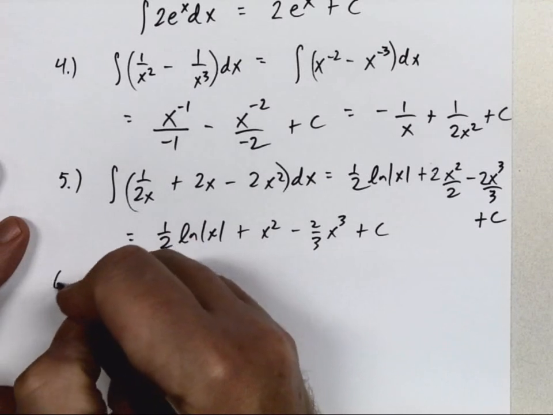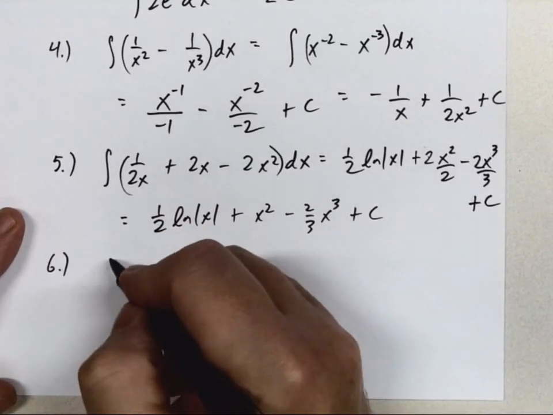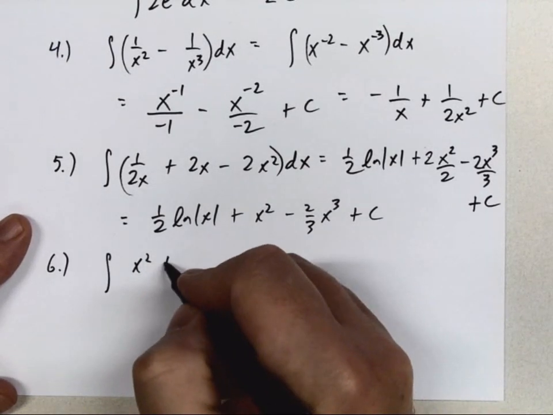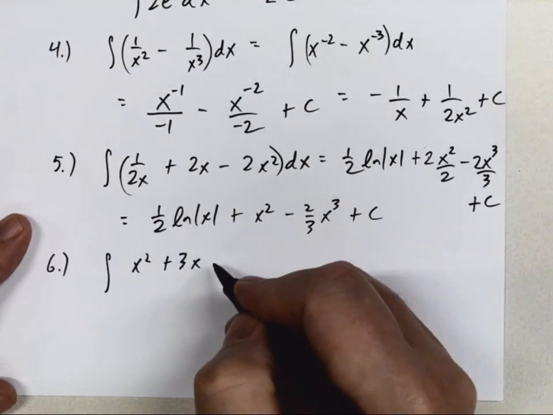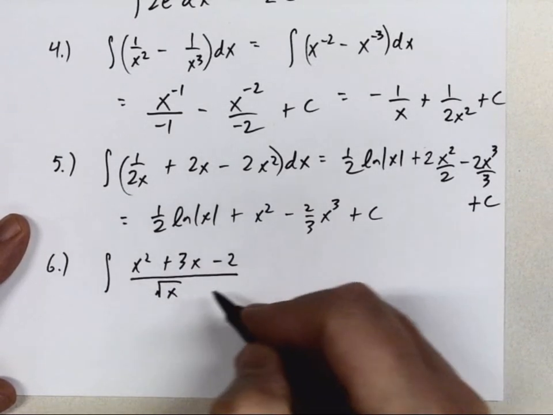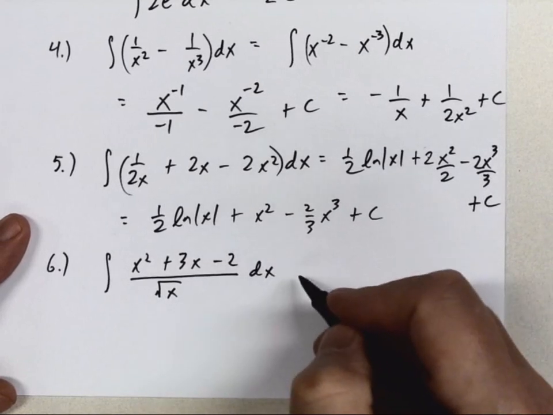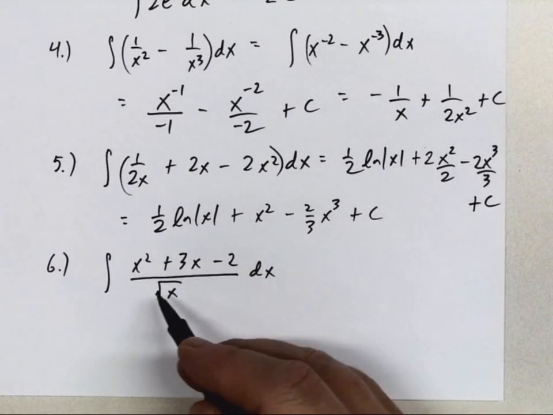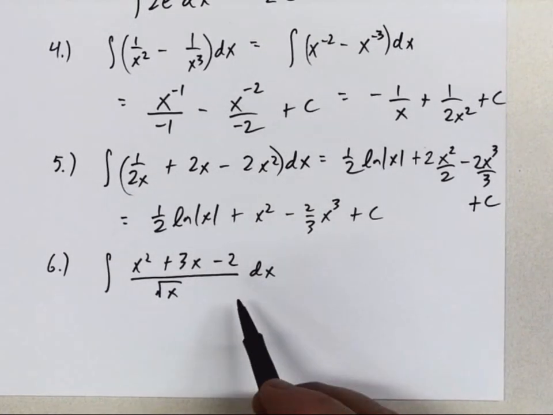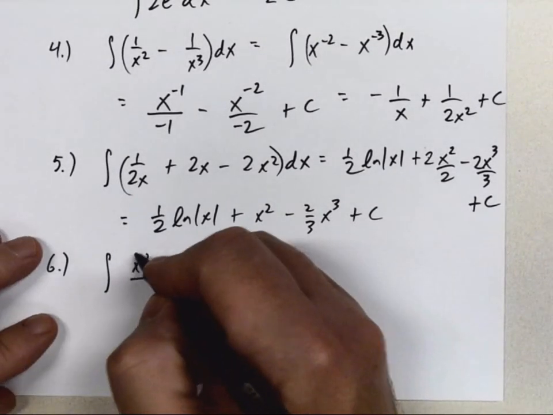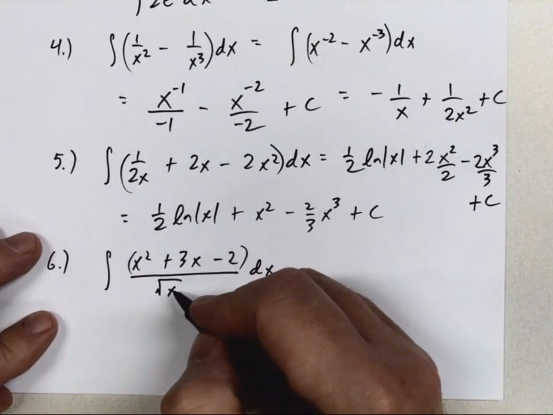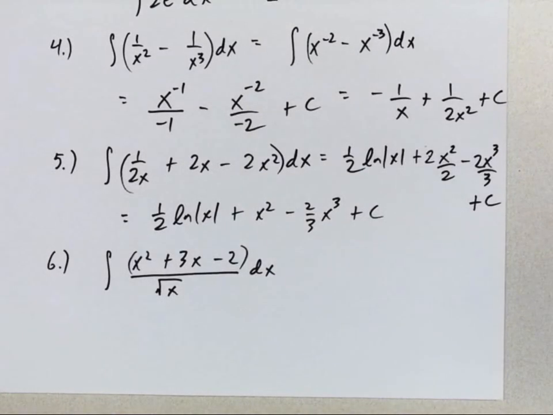Number 6, this one's a little bit of a trick, sort of. We've got x squared plus 3x minus 2 over the square root of x. We've got this polynomial on the top, and then the square root of x in the bottom.